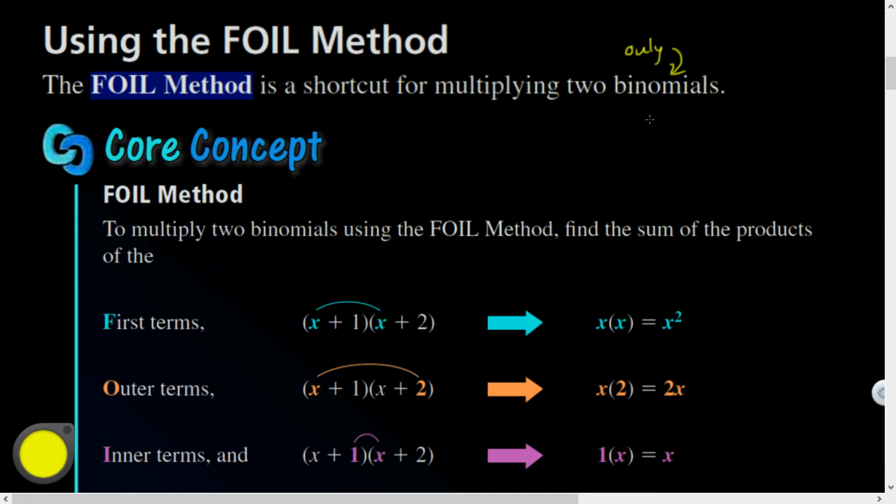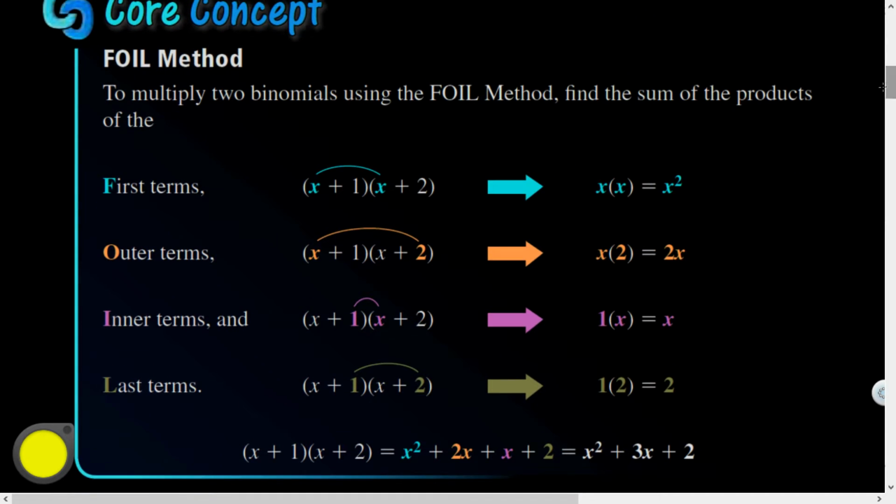Using the distributive property would work if I'm multiplying a trinomial times a binomial. I could multiply a 10-termed expression by a 7-termed expression, and distributive property will work. FOIL method works for this very special case, which does happen commonly. It's going to show up often, but this is the shortcut, so to speak. First, outer, inner, last is what FOIL stands for.